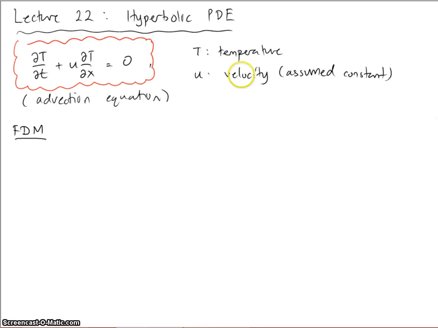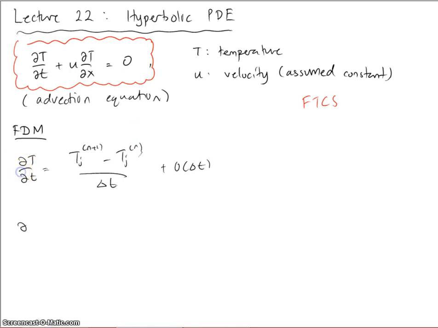If you recall from lecture 21, FTCS basically means FT, your forward time, and CS, your central space. In your forward time, your dT/dt would be given by (Tj of n+1 minus Tj of n) divided by delta t, and this would have an order of accuracy of delta t. So this is your forward time scheme.